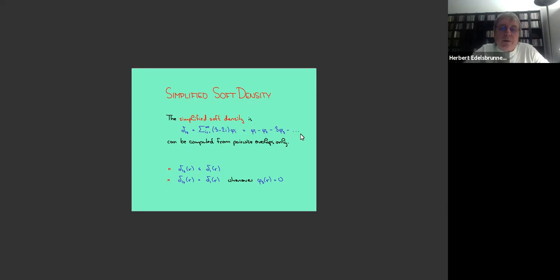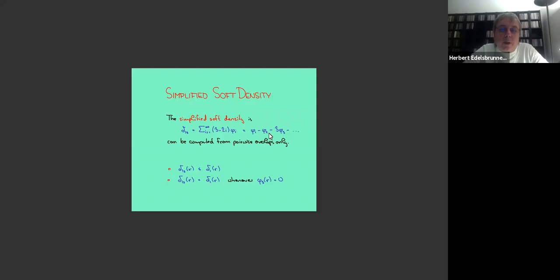So I get this when I only look at the spheres and then a double overlap of spheres. And there are some complications that we have to deal with in the end. But in any case, if there's no triple intersection, the simplified and the soft density are the same, right?